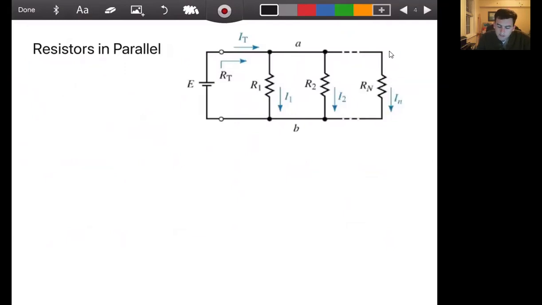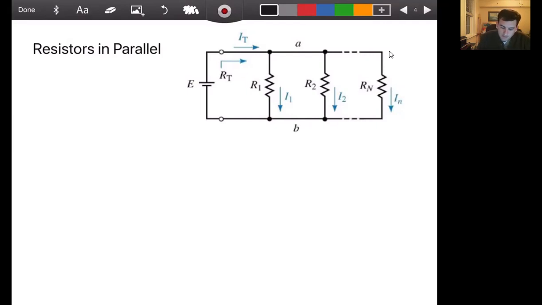When discussing resistors in parallel, sometimes it's easier to determine an equivalent resistance. Just like in the last lecture, if you have a whole bunch of resistors that are in series with one another, one right after the other, it's usually easier to simplify that into one giant resistor. Well, we can do the same thing with resistors in parallel, although our equation is going to look a little bit different.